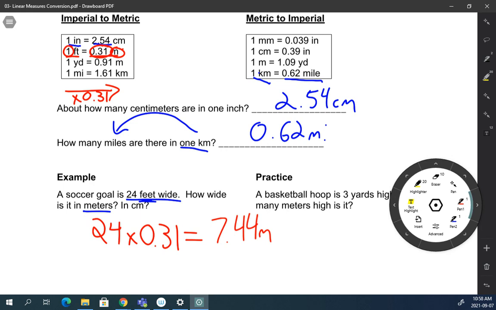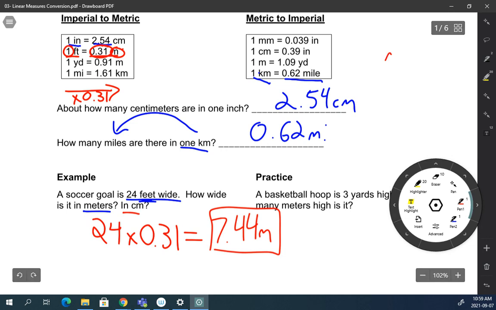Now, if we want to go to centimeters, rather than starting back at the 24 feet, we already know how big it is in meters. Meters is easy to convert to centimeters using our metric conversions, our staircase.